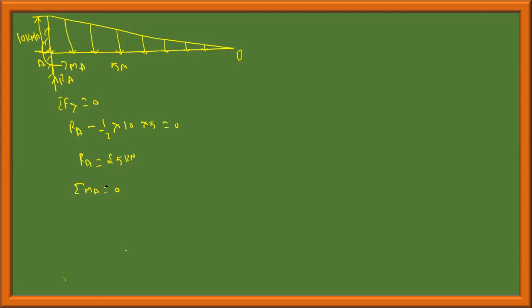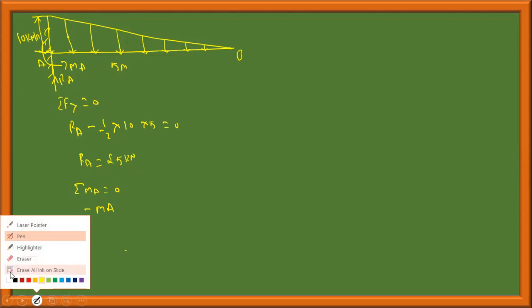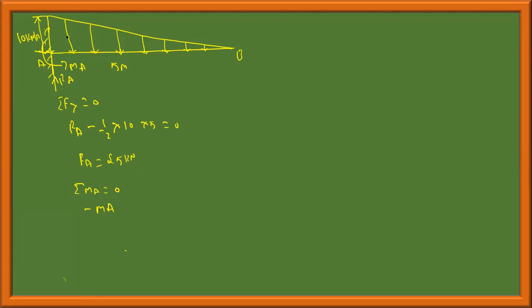Moment about A is equal to 0, which I can write as minus MA. If this is the centroid, entire load is concentrated here. Entire load of magnitude half into 10 into 5, 25 kilonewton, is concentrated at this point like this.